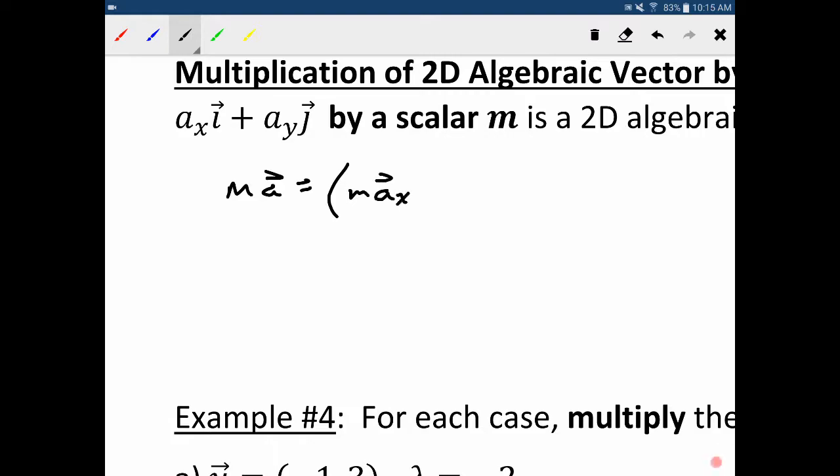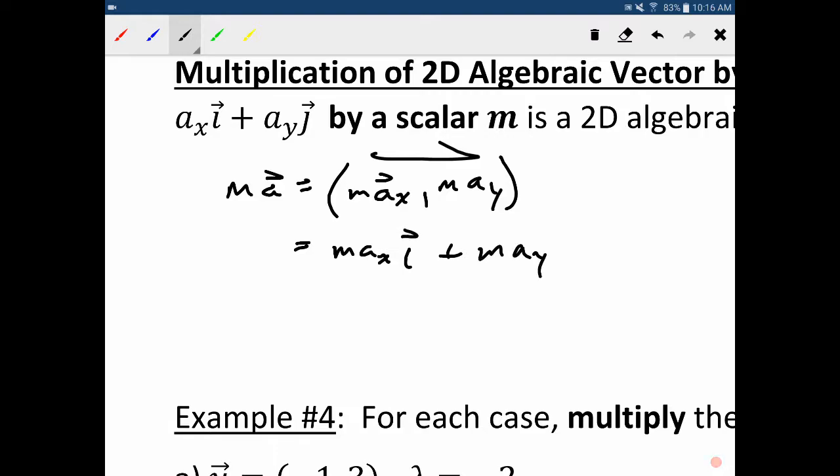So the x component times m and the y component times m. Which then, of course, we could write as this plus this. Okay, and there we go.